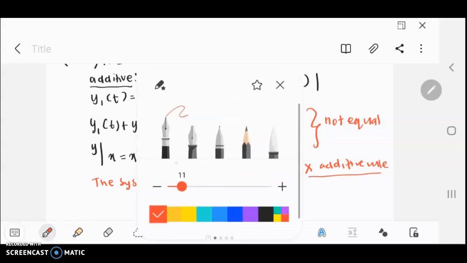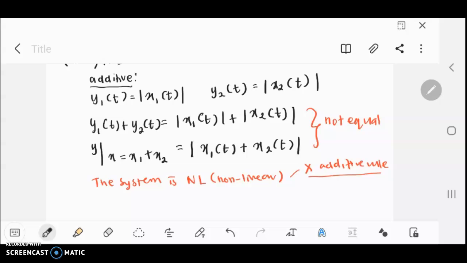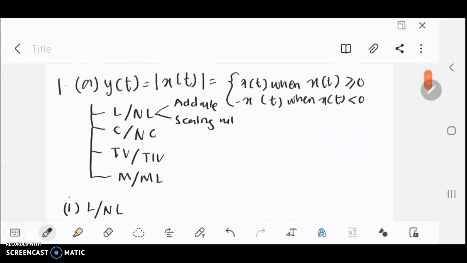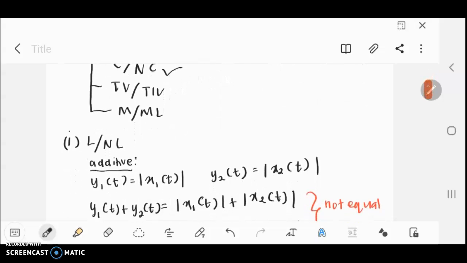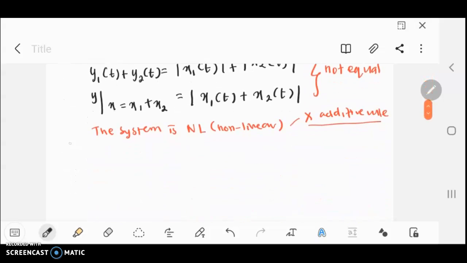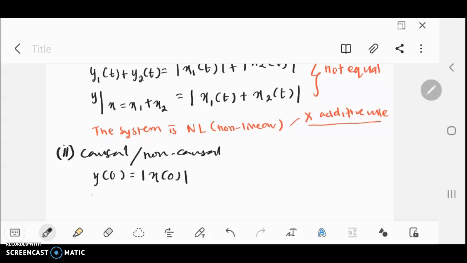So for the second one, it is causal or non-causal. For this one, we have to do it like this. y(0) equal to x(0), y(-1) is equal to x(-1).